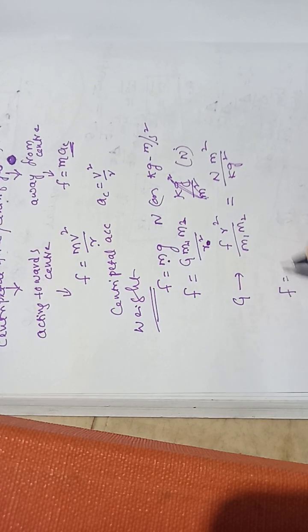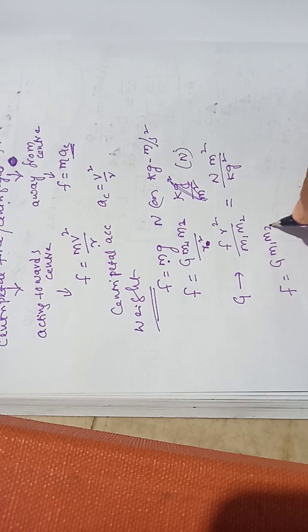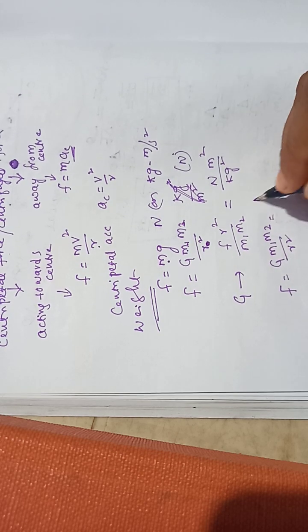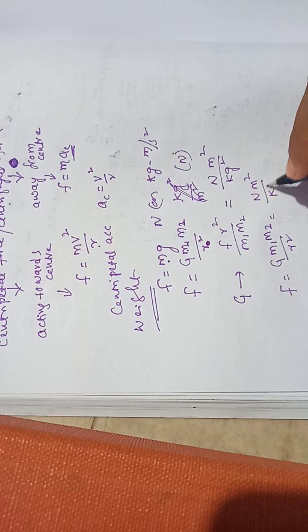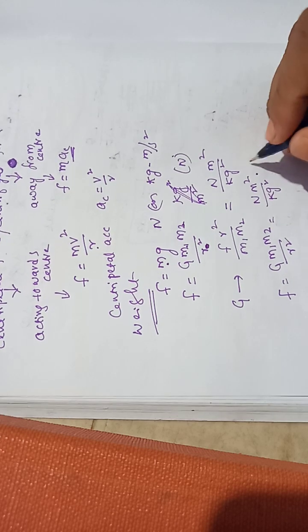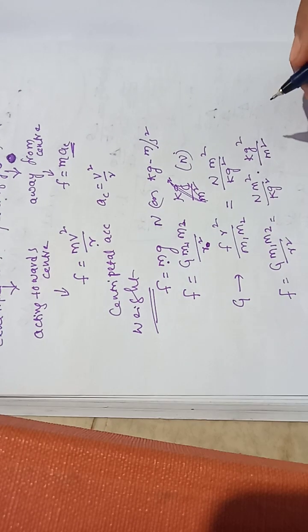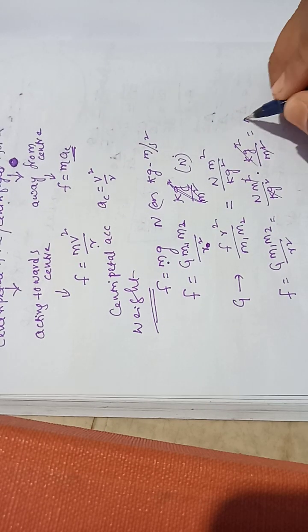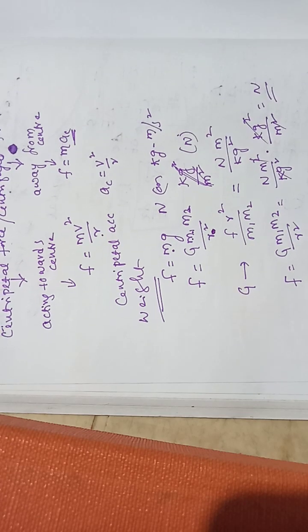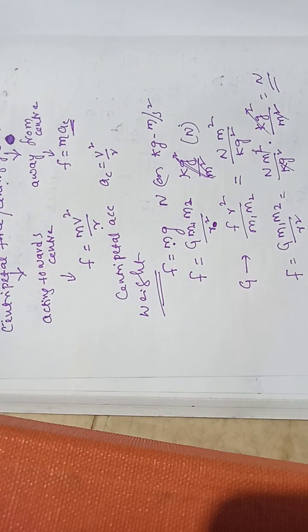So now F, how will we write? G m1 m2 by r square, Newton meter square per kg square into kg square by meter square. What are we getting? Newton itself, no? So force is nothing but Newton, right?